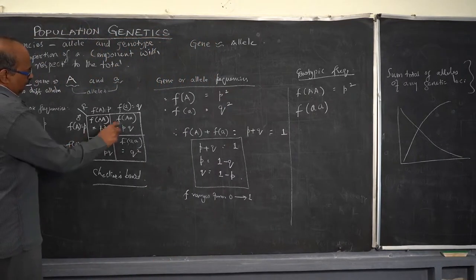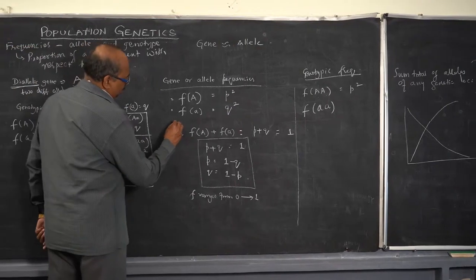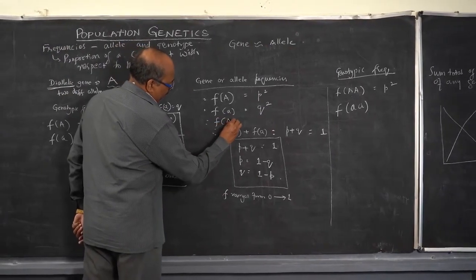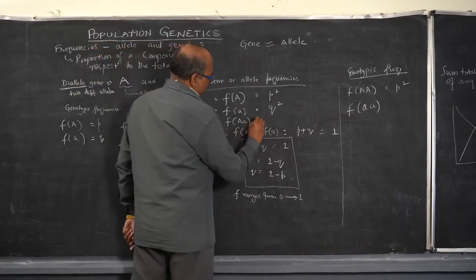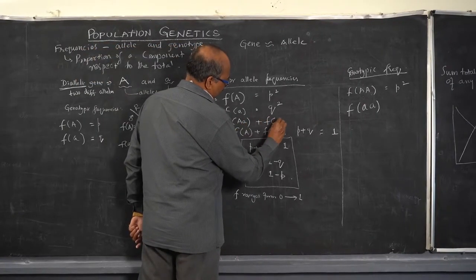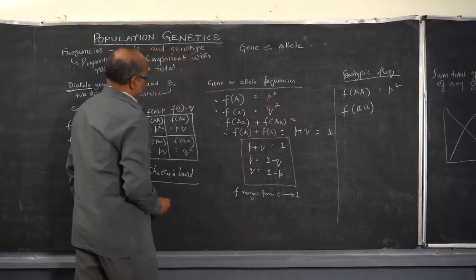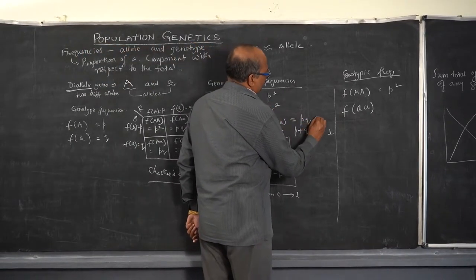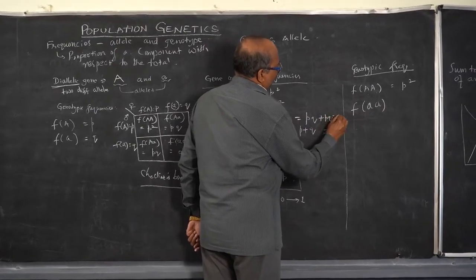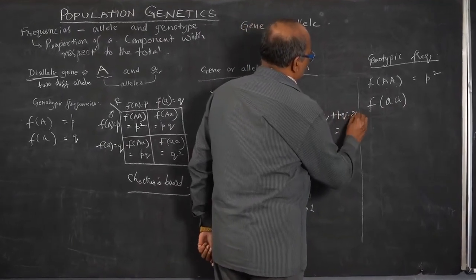Next we have the two heterozygotes. Frequency of capital A small a, this one, plus frequency of capital A small a, this one. This is PQ, this is also PQ, which means 2PQ.